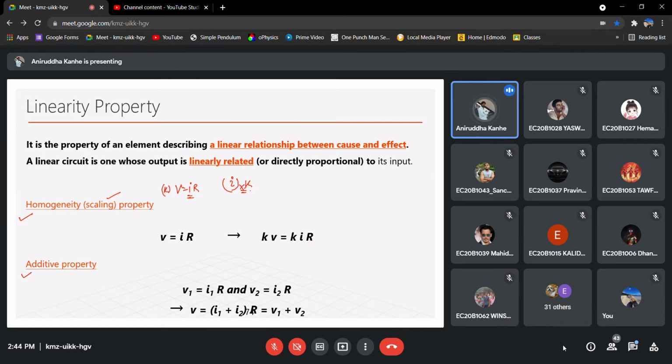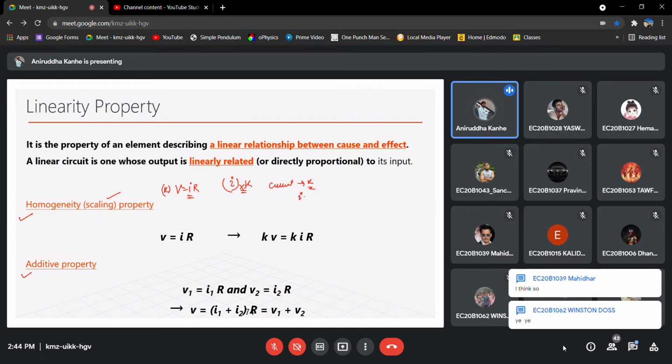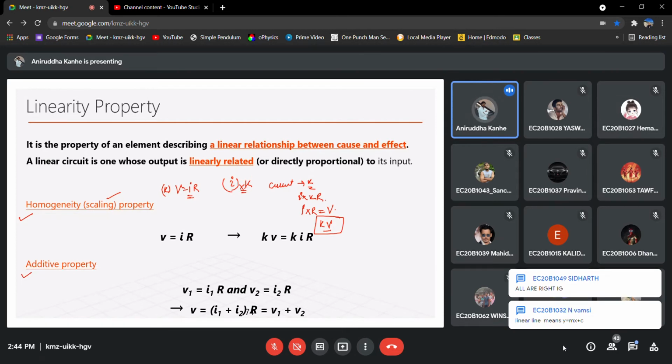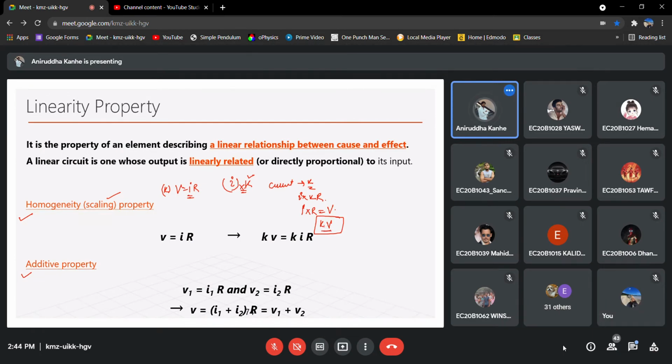If I'm increasing the current by a factor K, I will get I times K times R, whereas I times R is V, so you will get KV. So if you multiply the current with a constant K, the same constant you will see for V also.